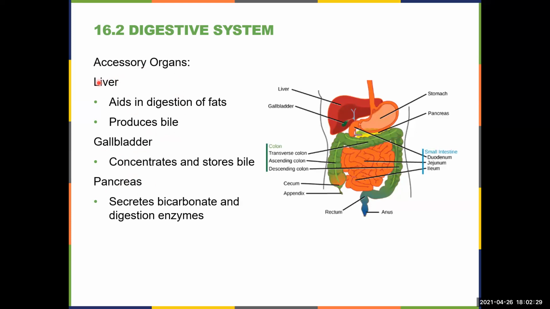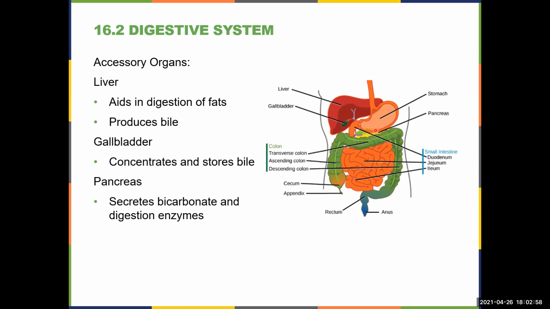Okay? The liver produces bile that aids in the digestion of fats, and it also helps to remove waste from our body. The gallbladder actually concentrates and stores the bile that is developed in the liver. So the liver will make the bile, then the bile will go into the gallbladder where it's stored, and then when it's needed, it will move out of the gallbladder and into the small intestine through the bile duct.